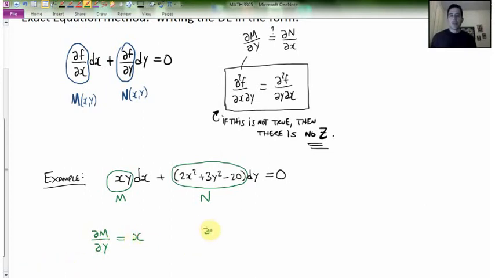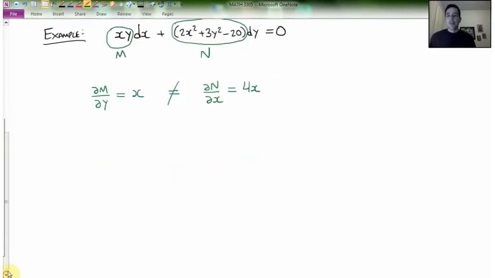Now, partial N partial x, so that's the derivative of this expression with respect to x. So this would be 4x. And 3y squared, that doesn't have any x, so the derivative is 0. Negative 20, the derivative is 0. So here we have, this is not equal to that. So there lies a problem.